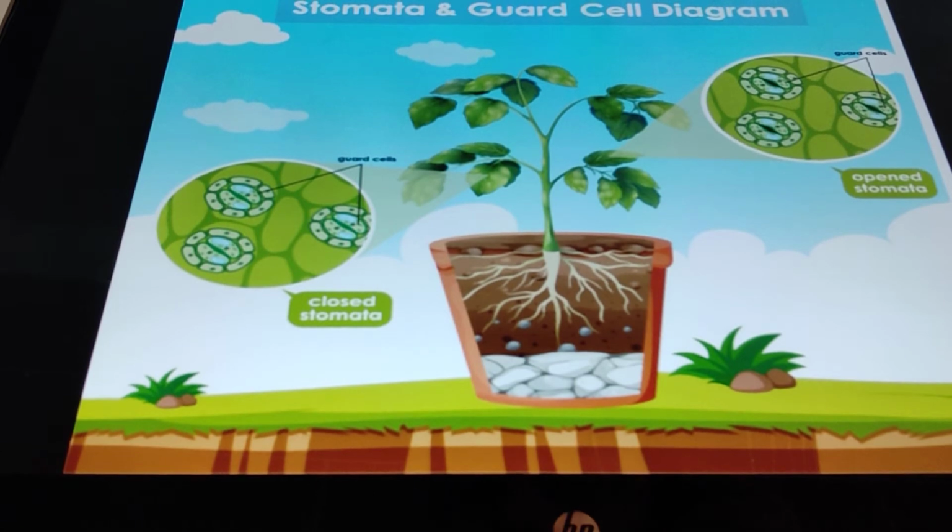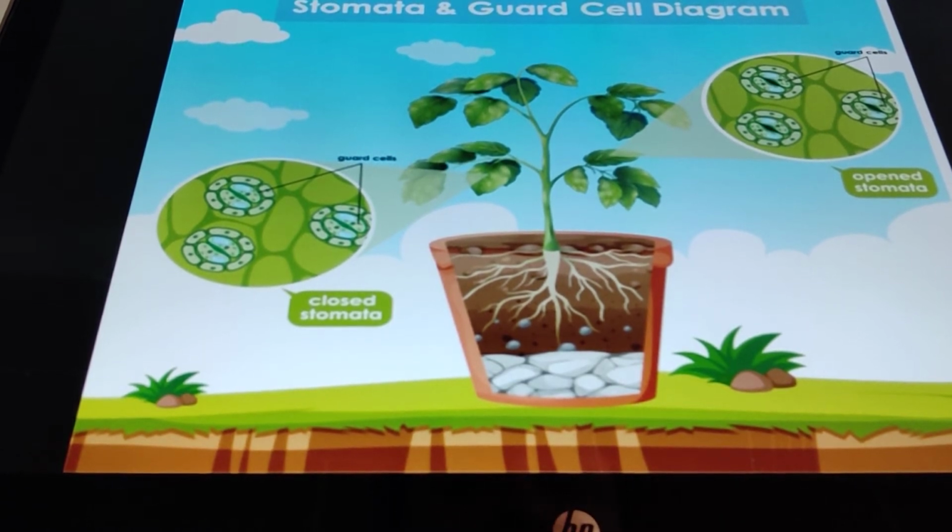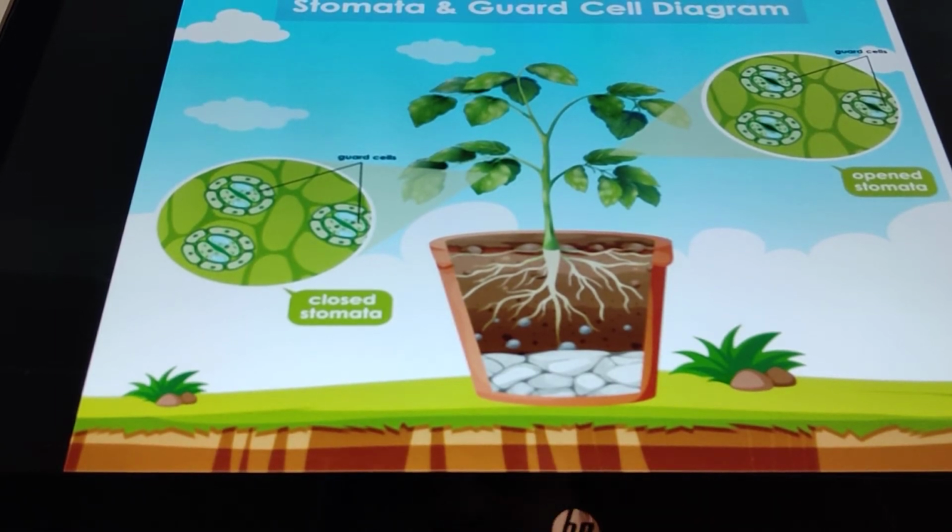Next point, children. As I said, epidermis tissue is present all over the plant body. It is present in leaves, in stem, everywhere in the plant body. Now in the epidermis of the leaf, not stem, not roots, there are small pores present.